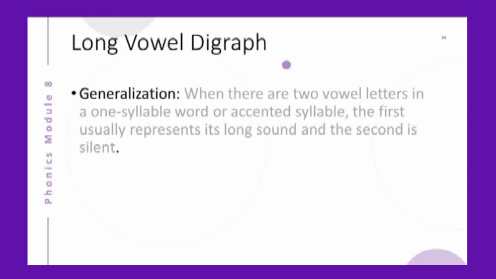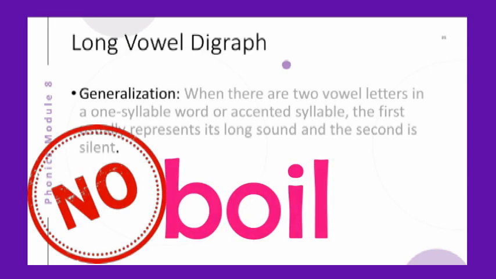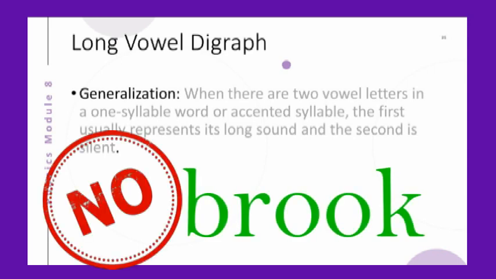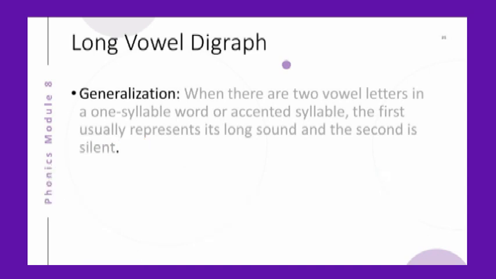When there are two vowel letters in one syllable word or accented syllable, the first usually represents a long sound and the second is silent. This generalization does not apply to boil because OI is a diphthong. It has a distinctive sound of its own. The generalization does not apply to brook because the OO is a double O digraph with a distinctive sound.